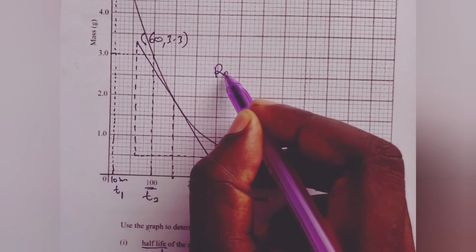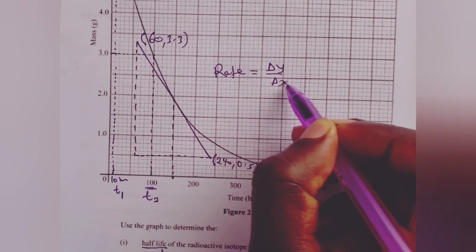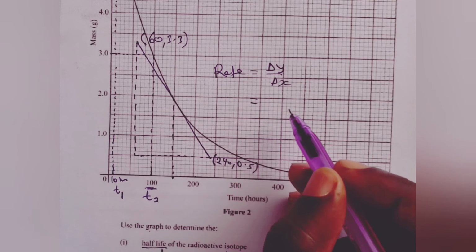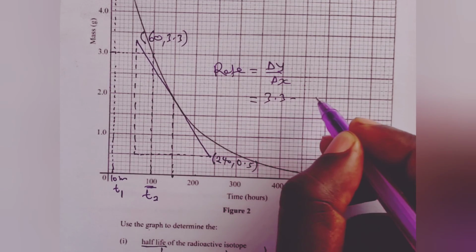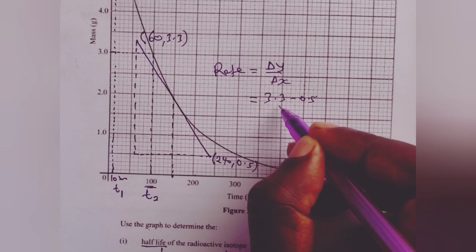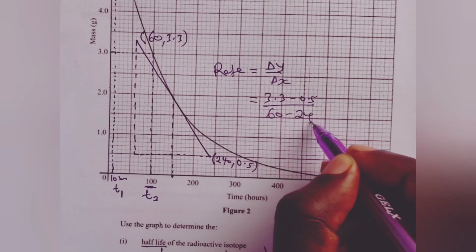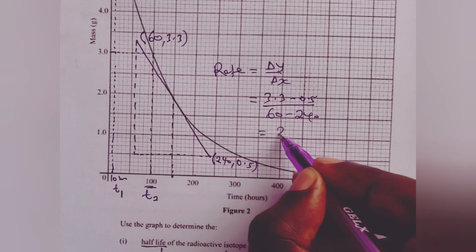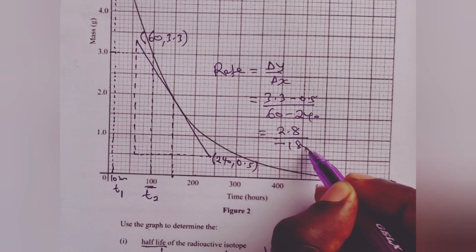So here, the rate would be given by change in y over change in x. If I use my coordinates, change in y is 3.3 minus 0.5. And change in x is 60 minus 240. That gives me 2.8 if I do the subtraction over negative 180.